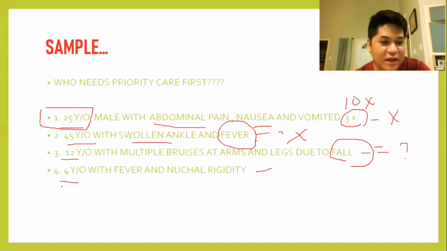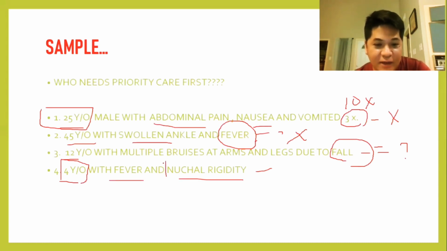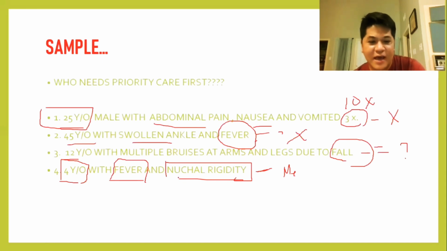Now, this one, number 4, a 4-year-old with fever and nuchal rigidity. Thinking about the nuchal rigidity, is this a neurological dysfunction? Yes, because that would include meningitis or something, because he had fever. So there is infection, inflammation, and nuchal rigidity, like extension of the trunk. That's a very important aspect. So it's a neurological problem.